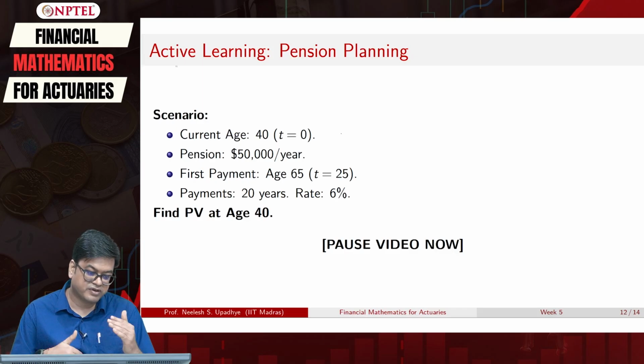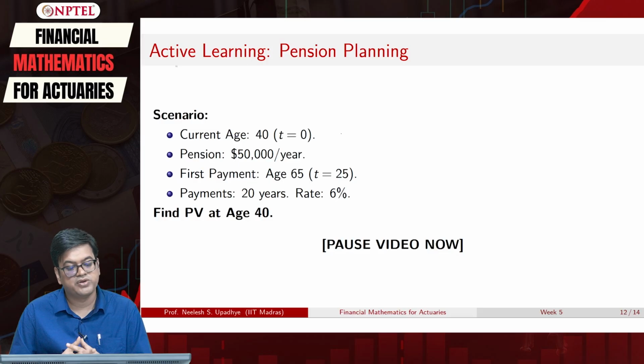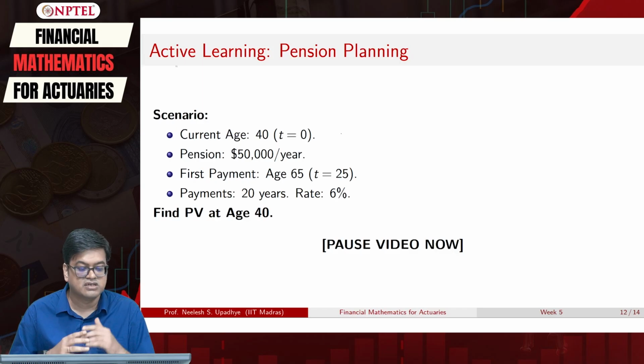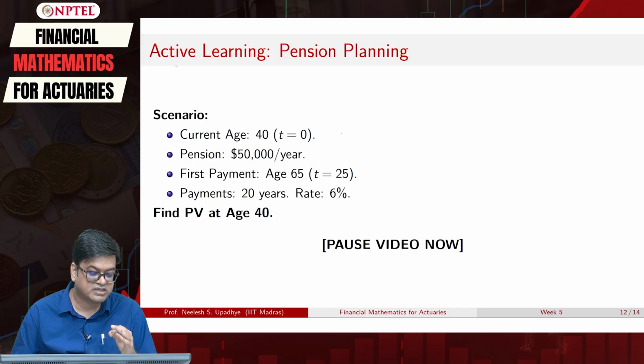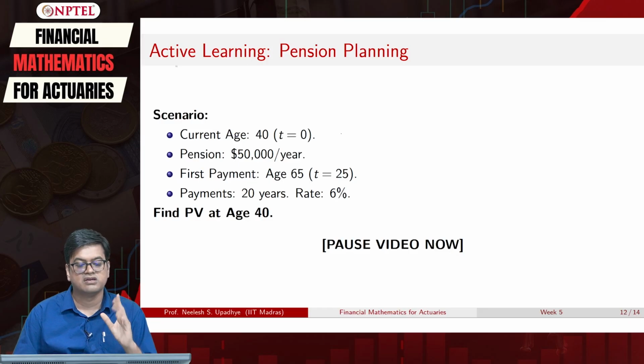So, you have 25 years in the buffer. Payments will be due for 20 years. So, it is a finite annuity and the effective interest rate is 6%. You need to find the present value at t is equal to 0, which is age is equal to 40. Pause the video, do the problem, we will walk through the solution on the other side of the video.